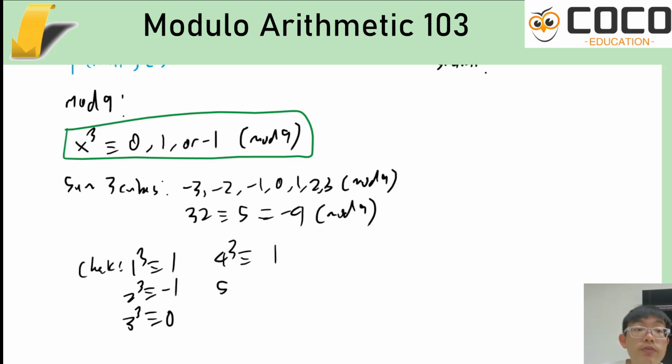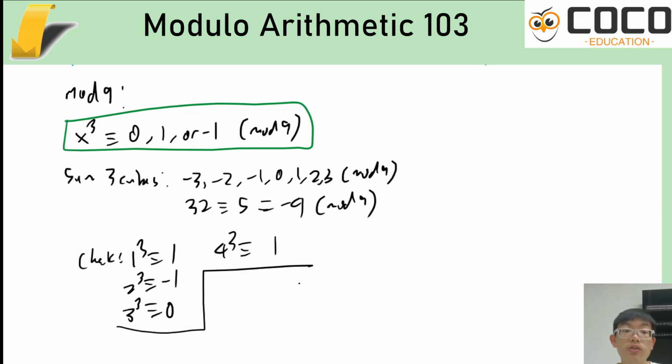Now thankfully for us, we know that when we do modular arithmetic, everything that comes after will just be in reverse. So technically speaking, if these are all 1, 0, and minus 1, I don't need to check all the rest. So it's enough to stop halfway, and that tells me it is 0, 1, or minus 1. So the first question is answered. How do you know it's 0, 1, or minus 1? Well, you can check it here.